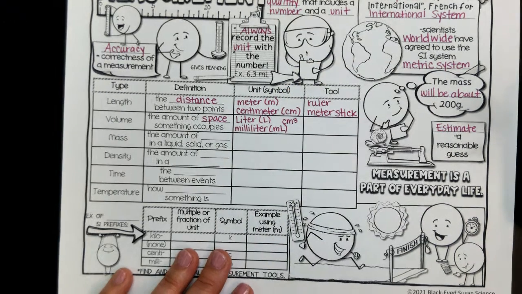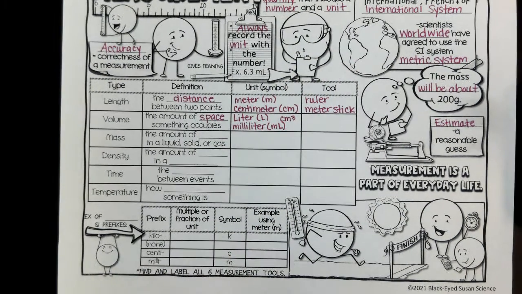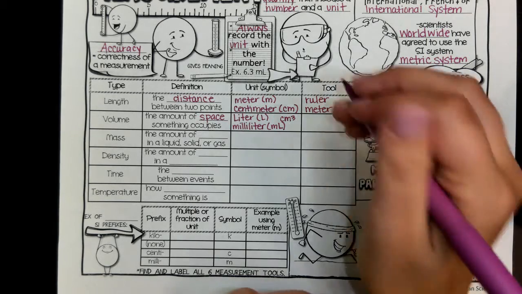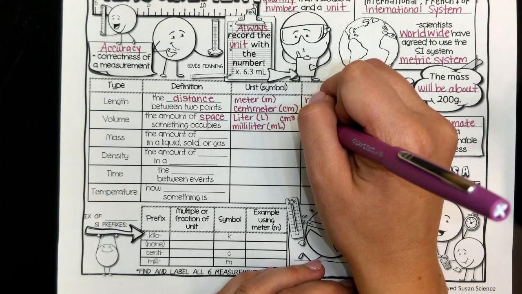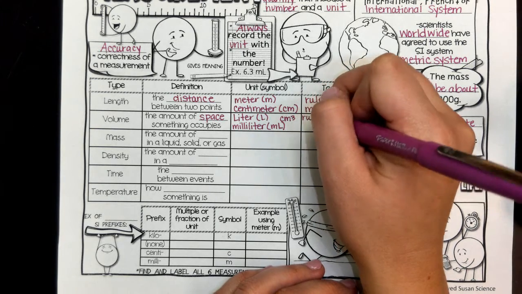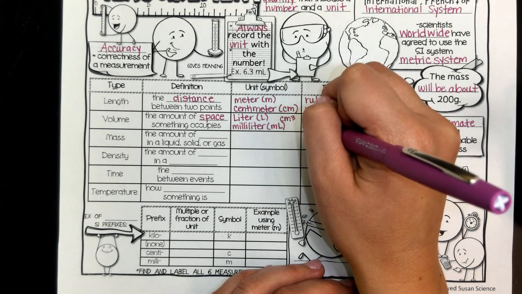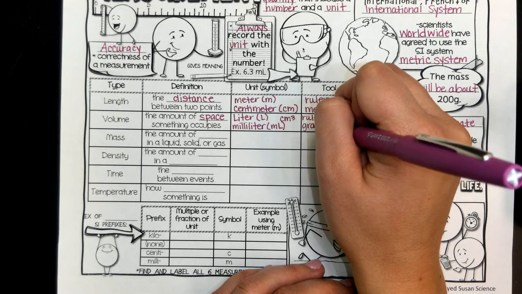Okay? If we're doing the volume of a solid, we could find the volume in cubic centimeters. So we could use a ruler. We're also going to use a graduated cylinder.